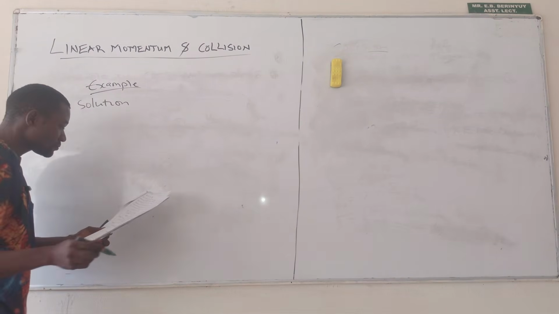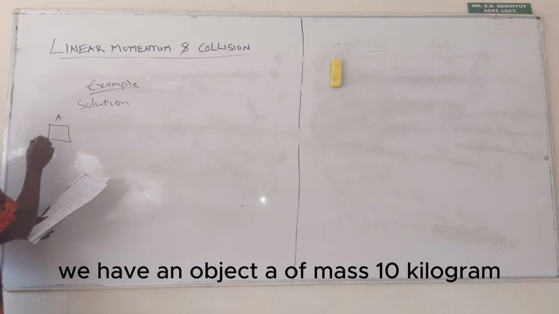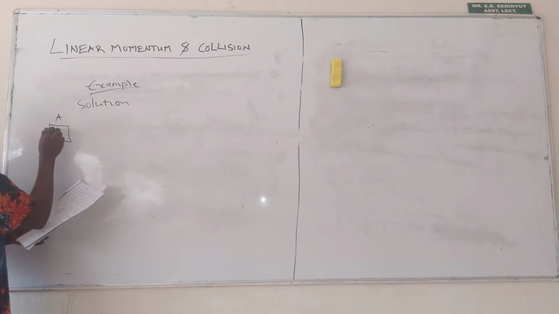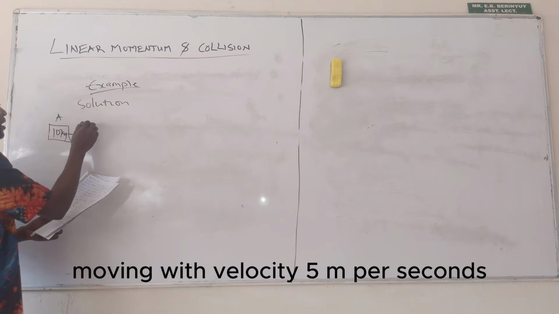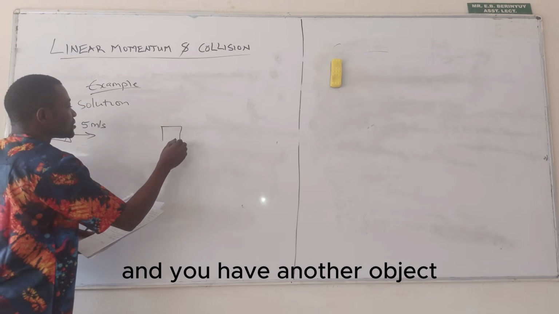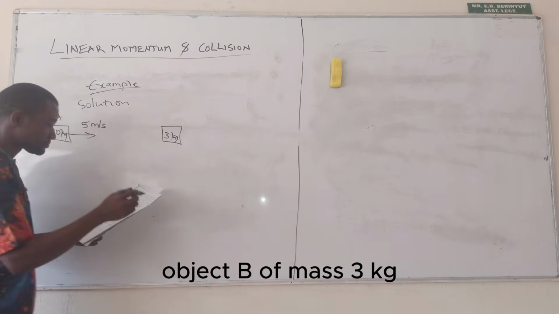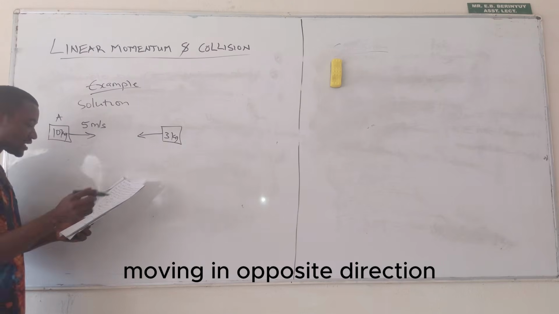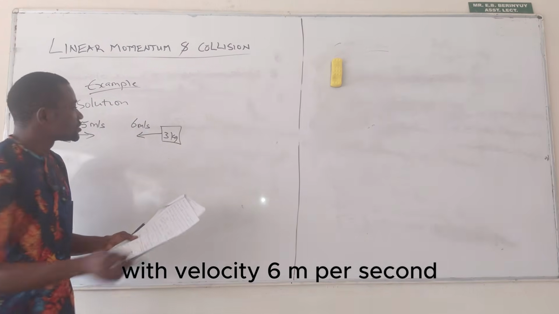Solution. We have an object A of mass 10 kilograms moving with velocity 5 meters per second, and you have another object, object B, of mass 3 kilograms, moving in the opposite direction with velocity 6 meters per second.